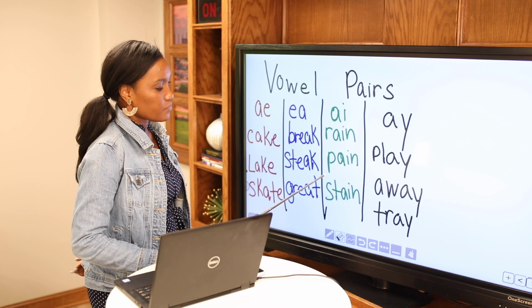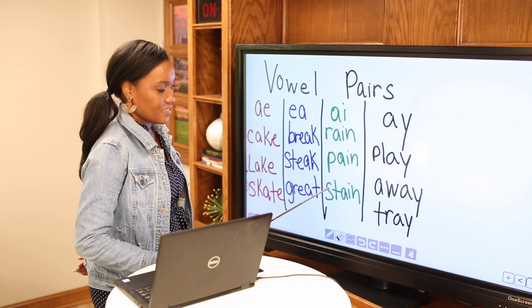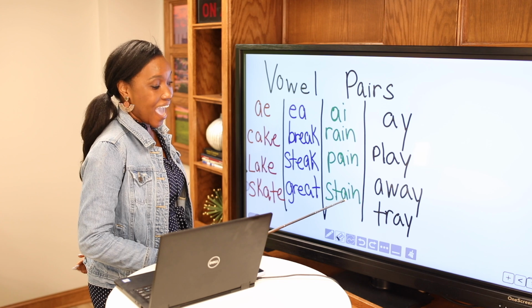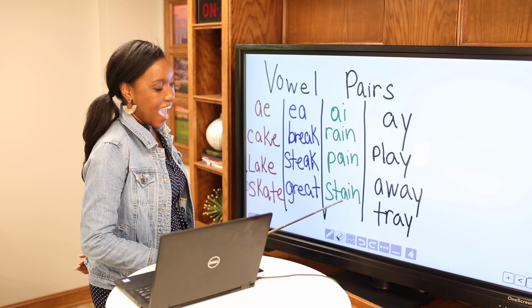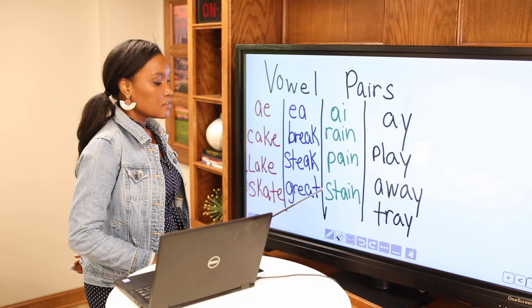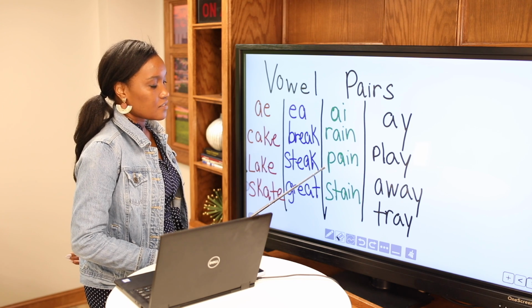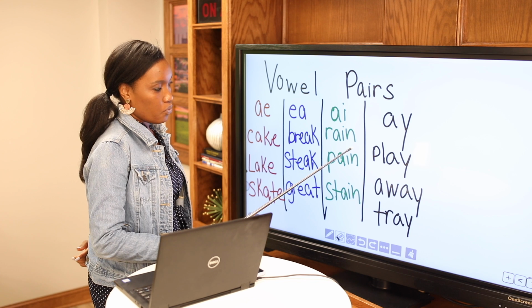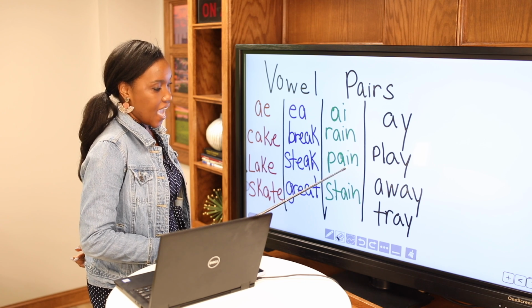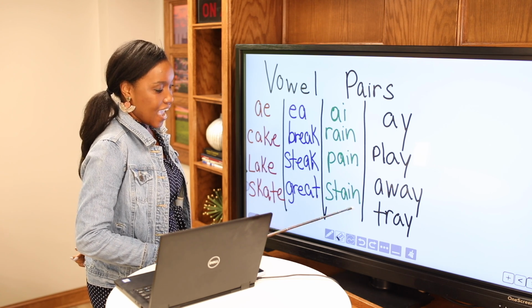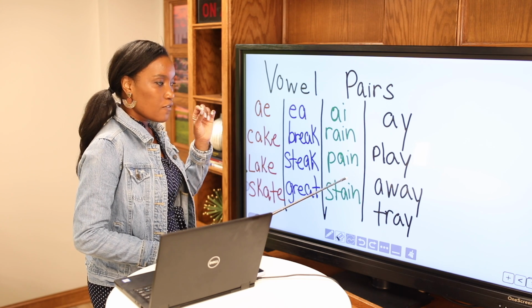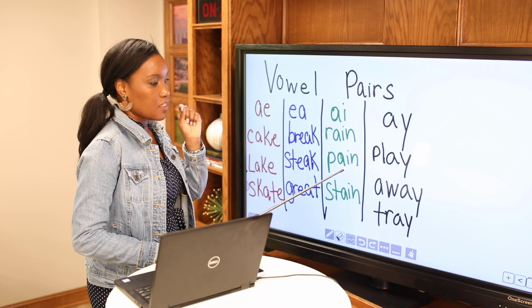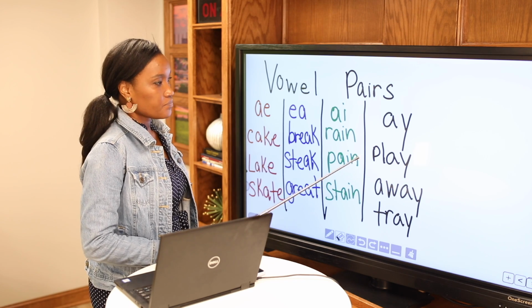Stain, stain, stain. Make sure that you practice this with me. Rain, pain, stain. I really want you to focus on not saying the vowel before you get to it.